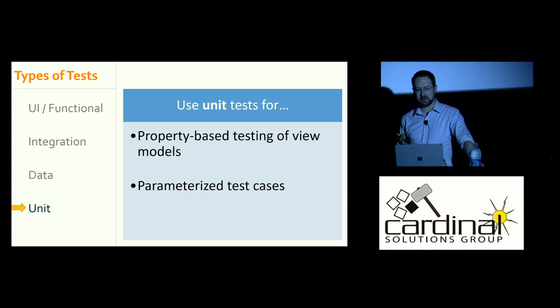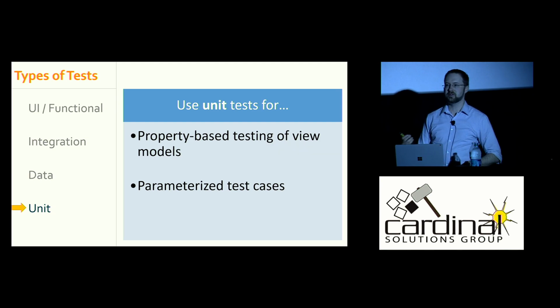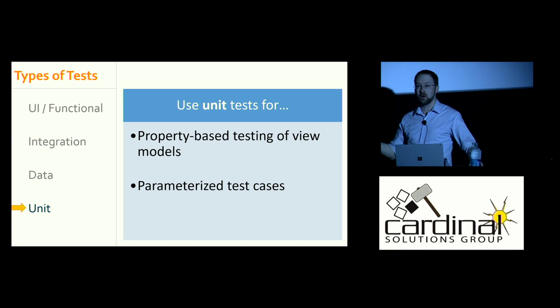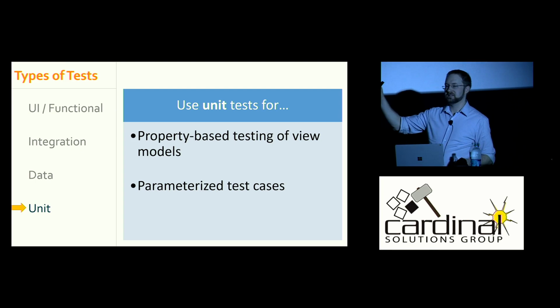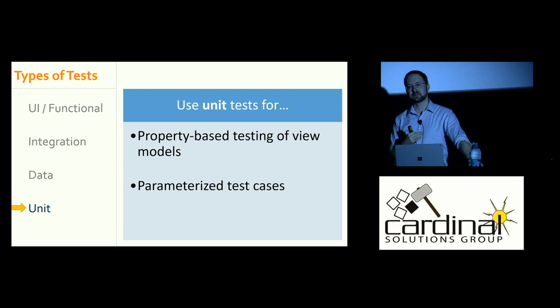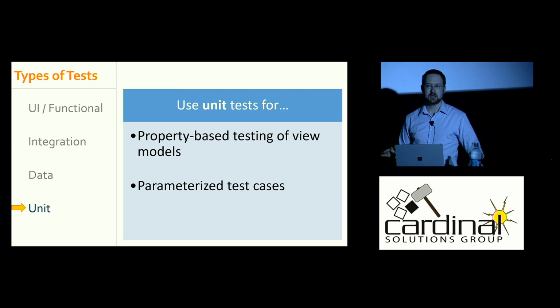So the general point I'm making is that anytime you can refactor your code so that you can unit test a view model instead of DOM testing with a UI test, that's probably going to be a good idea. Now, it doesn't always work, right? This kind of test is not going to tell you if you display the text and then CSS hides it. It won't help you if you display the text and then JavaScript comes along and changes the DOM.